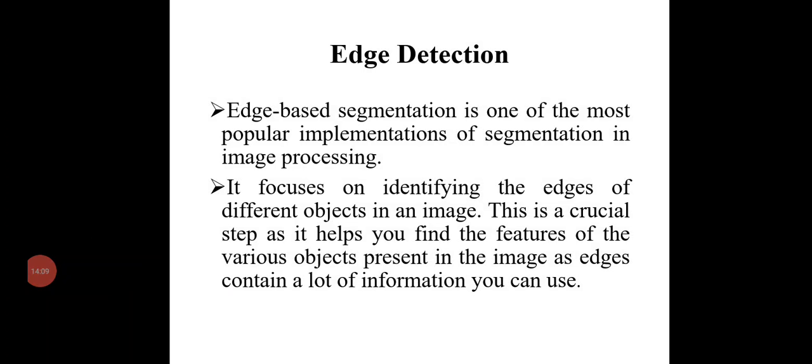Edge pixels are the pixels at which the intensity of an image function changes abruptly, and edges or edge segments are a set of connected edge pixels. Edge detectors are local image processing methods designed to detect edge pixels. A line may be viewed as an edge segment in which the intensity of the background on either side of the line is either much higher or much lower than the intensity of the line pixels.